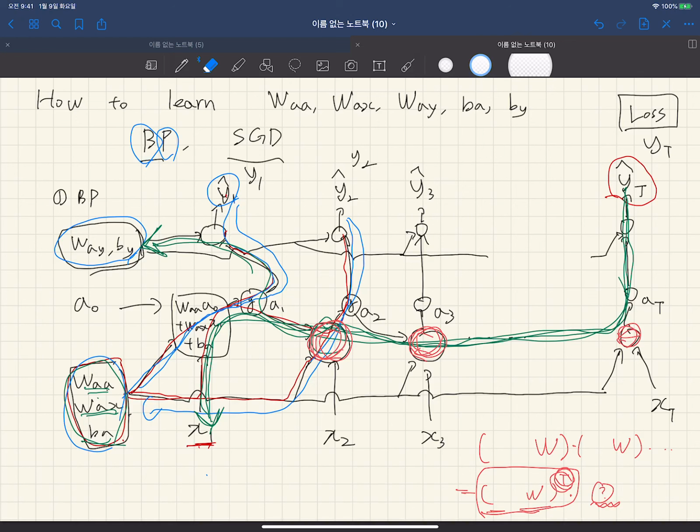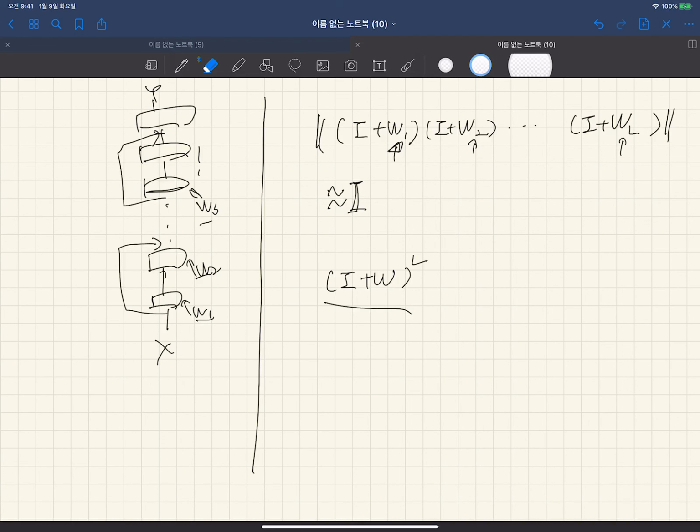So even worse, without the shortcut, the backpropagation is just W to the power capital T, which is very bad, right? And even with the shortcut, we have I plus W to the power L, which cannot solve the vanishing or exploding gradient issue.